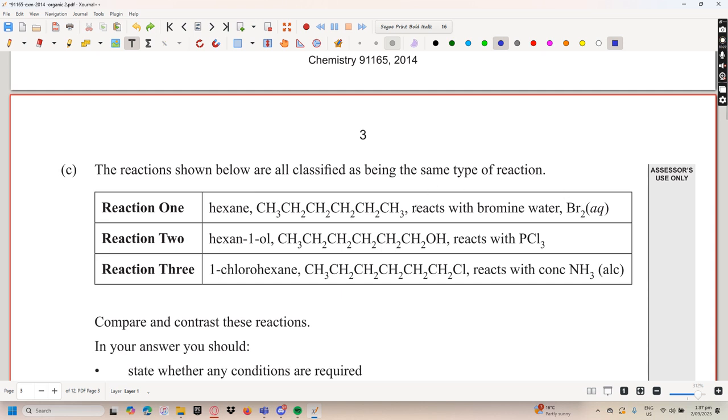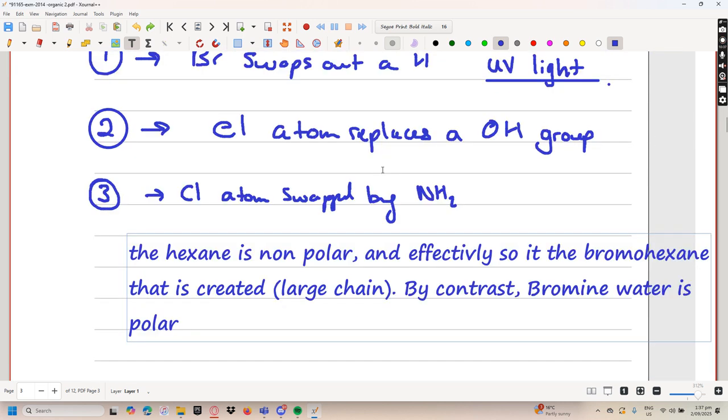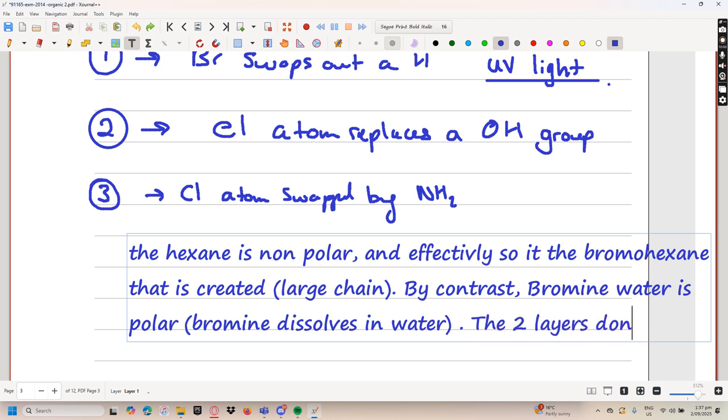However, when they react with hexane, you're going to get hydrogen bromide forming, and that's going to dissociate and create bromide ions. And hydrogen bromide is obviously quite polar. Things dissolve, right? Bromine dissolves in water, that's the point. It's aqueous. The two layers don't mix together.